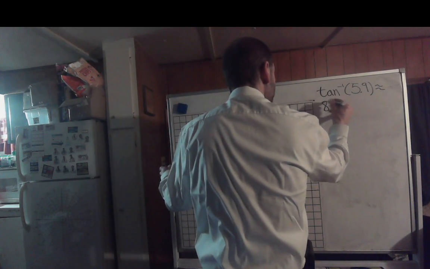In degrees, you get about 80.38 degrees. So what does that equate to in radians? That's about 1.40 radians, or simply 1.4 radians. So you get approximately 80.38 degrees, or 1.4 radians.